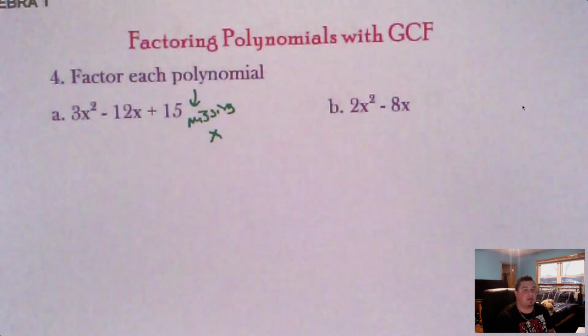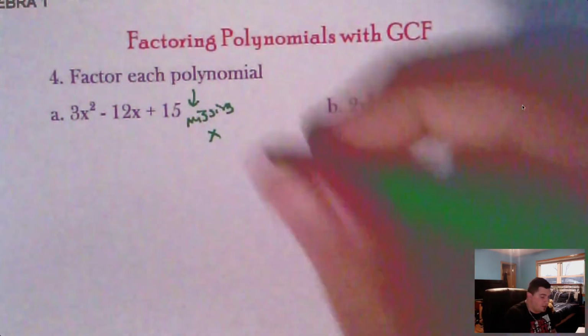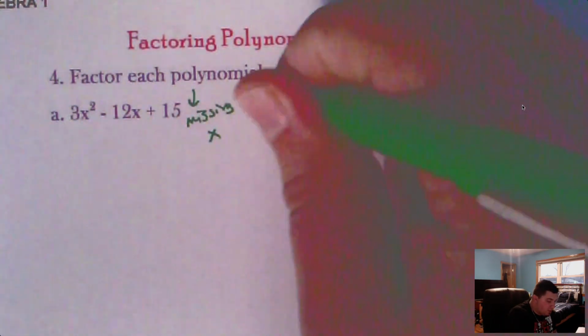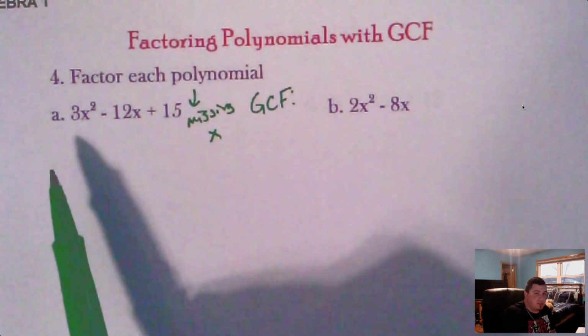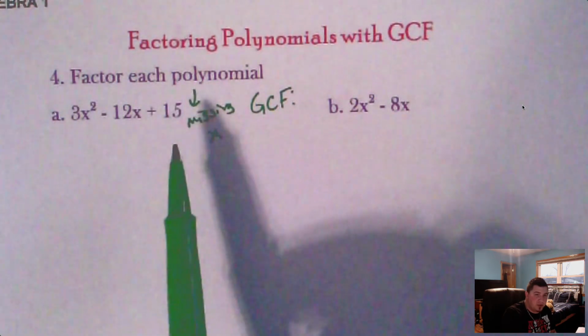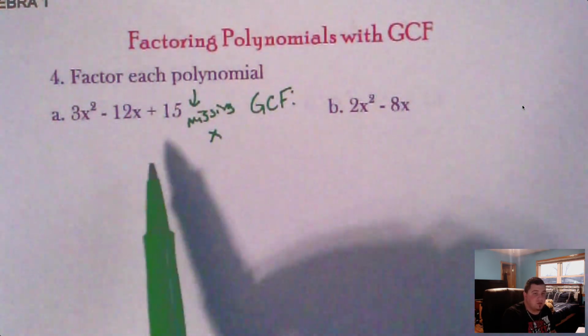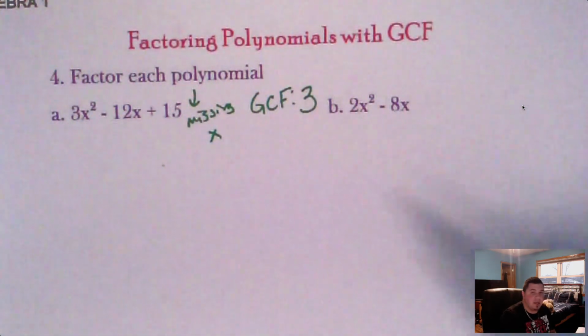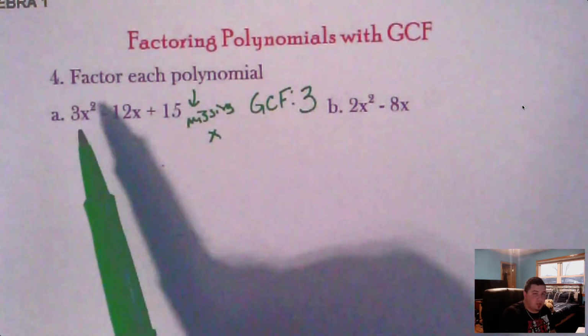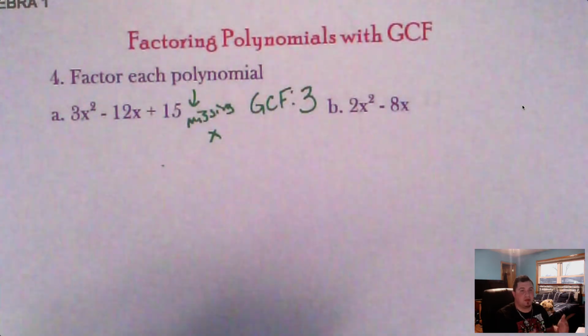So it cannot be x because all of them don't have x. So our GCF, when we look at the numbers, again, the lowest number is 3. Does 3 go into 12? Does 3 go into 15? The answer is yes, it goes into both of them. So my GCF would actually be 3.